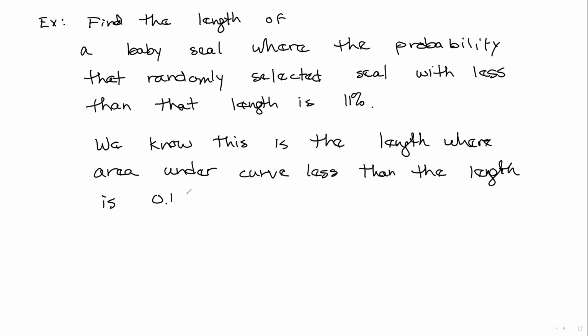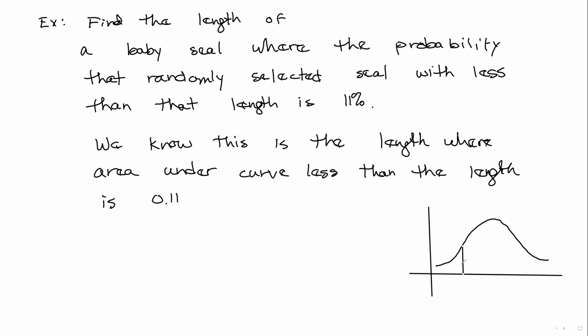So let's draw ourselves a picture. What we're looking for, we've got our normal distribution. That's a really terrible looking one. That's okay. Let me use the line tool so that it doesn't look, oh, whoops. Right.